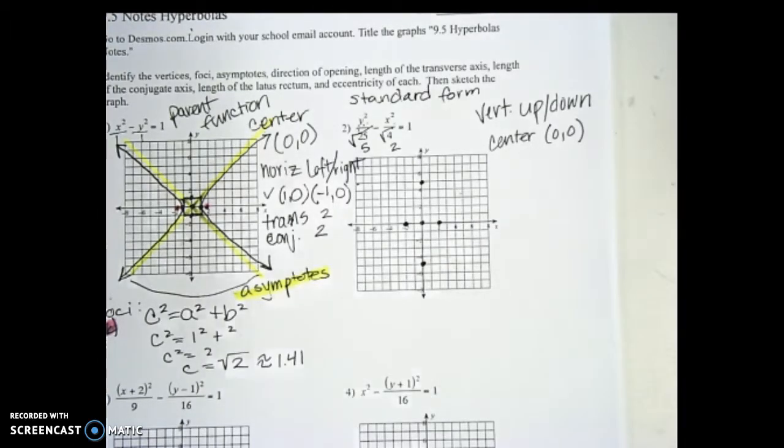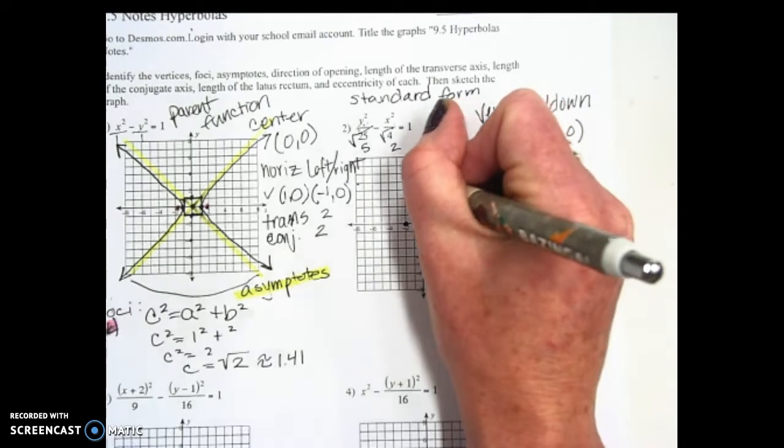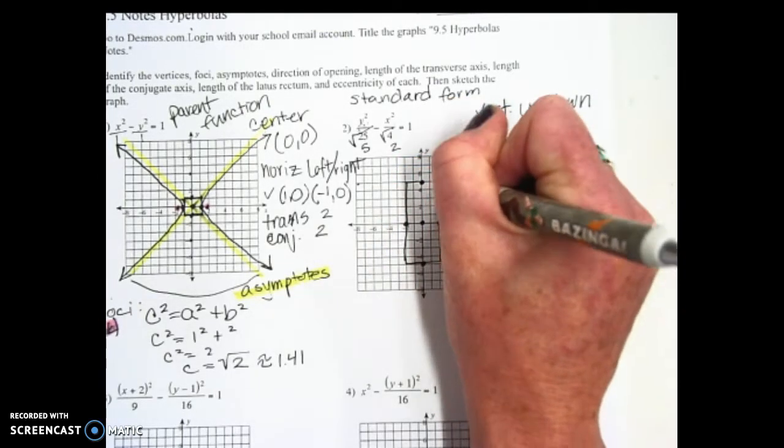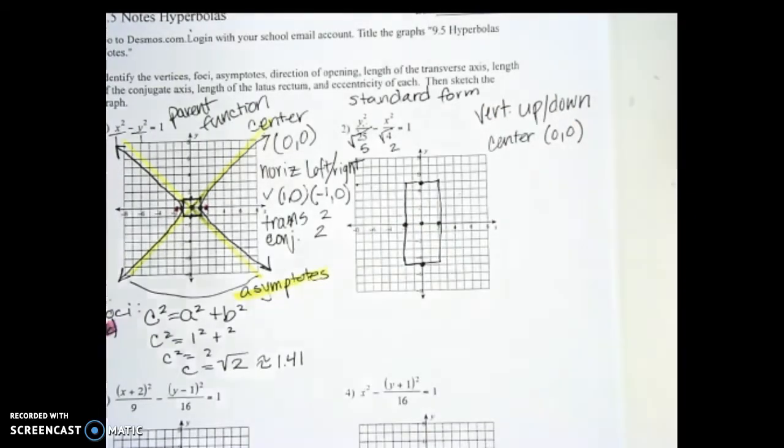These 4 points are what's going to give you your rectangle. Okay? And the book says to dash it. And you can dash it if you want, but for me it's just faster to just do a solid line because dashing takes longer. So I just make my rectangle using those 4 points. Okay, but if you feel like dashing it, go ahead and dash it.